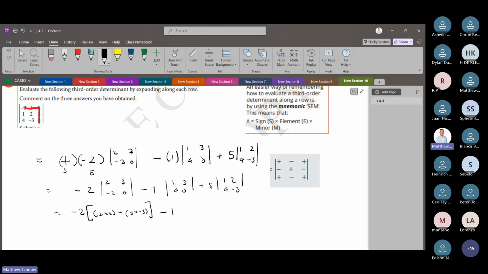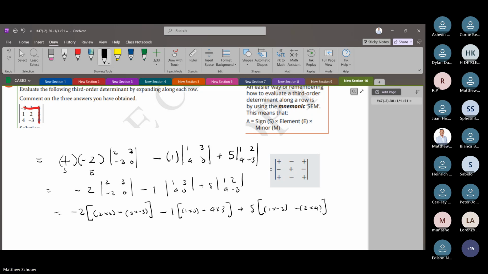We do the same over here: 1 times 0, plus minus 4 times 3. Is everyone following so far? Yes, sir. The plus 5, same thing, open a bracket: 1 times -3, and then minus 2 times negative.